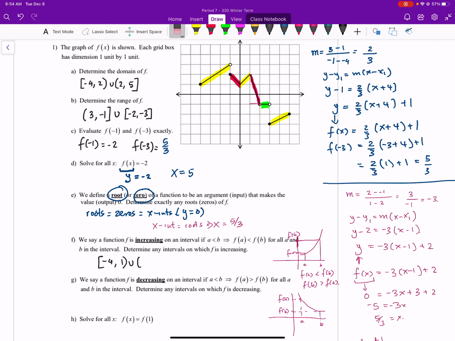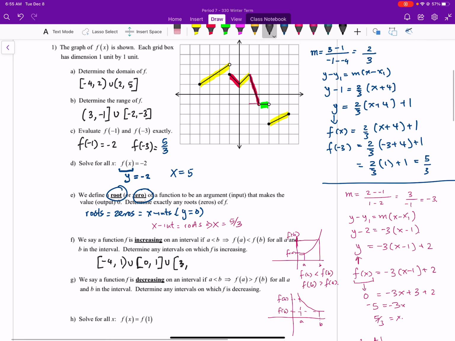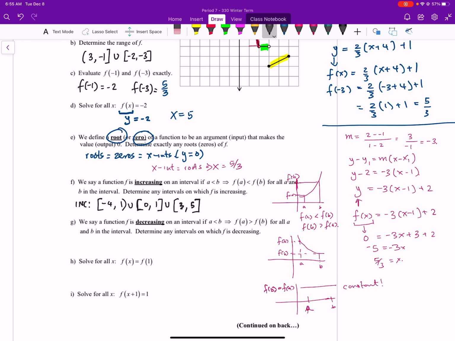Well, we got to use the square bracket. 0 to 1 union, and then goes from 1, 2, 3, 3, 4, 5. Okay, so it's increasing over there. All right, and these are all x values, right? So let's make sure we are indicating that these are x values. So it's increasing, x belongs to that.